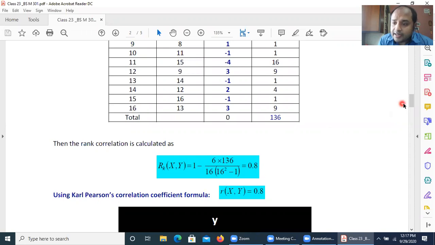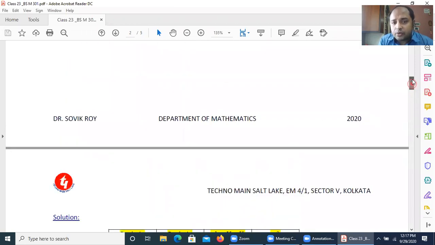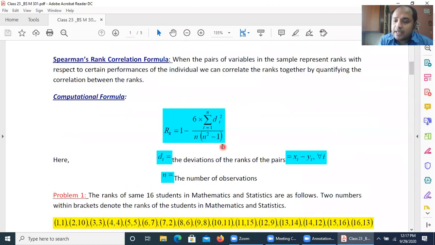What is so interesting about this is that although Spearman's rank correlation coefficient formula is different from Karl Pearson's correlation coefficient formula, which involves covariance, variances, etc., in Spearman's formula the covariance term is not present, and the variance term is not present. It seems as if they are not present.